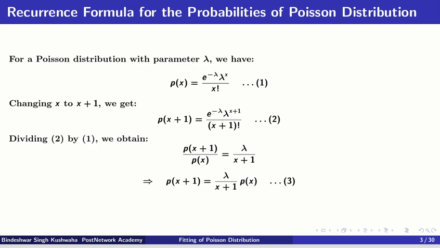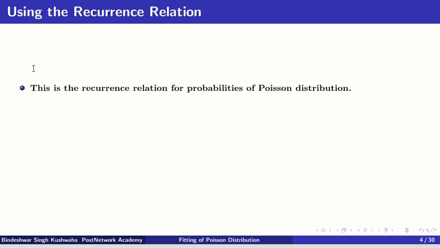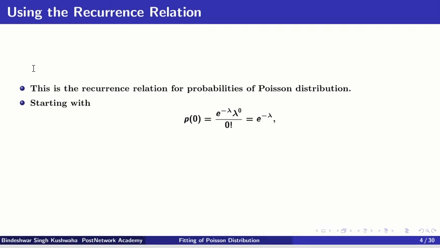You can see that there is a recurrence relation between P(x+1) and P(x). So if we know P(x) and the value of lambda, we can find P(x+1). This is the recurrence relation for probability of the Poisson distribution.